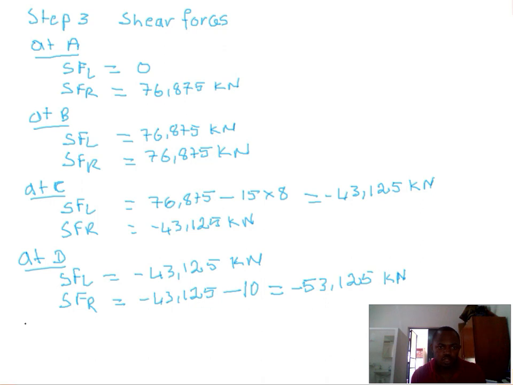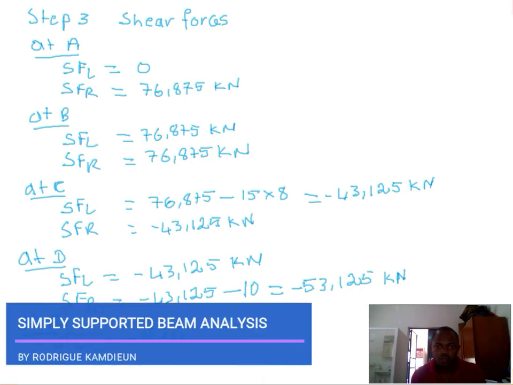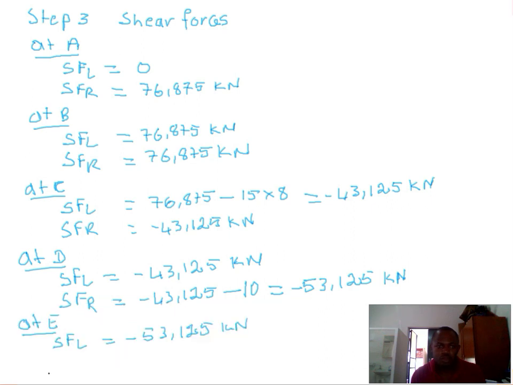Now the last point, at support E. At support E, left is the same, equal to minus 53.125 kilonewton, and at E right it is equal to 0, because we're crossing the reaction there, which is 53.125, so it goes up and gives you 0.